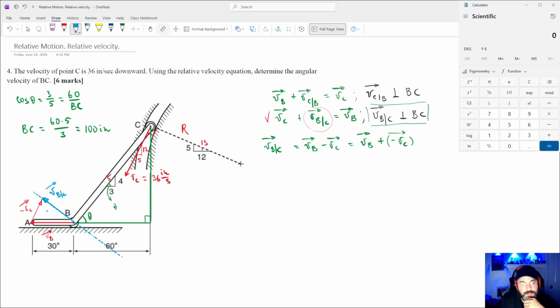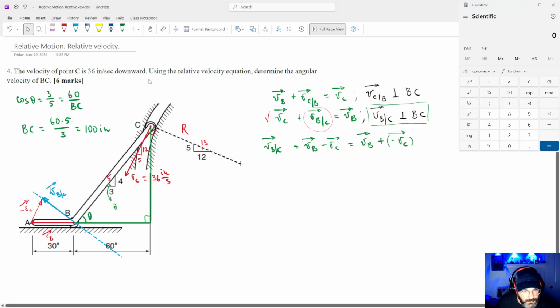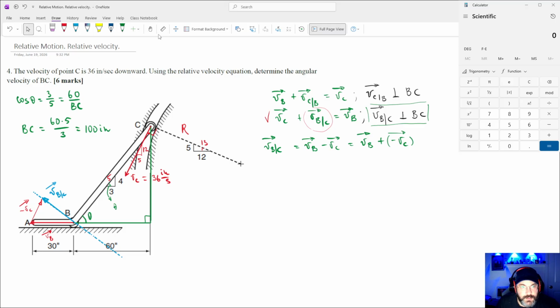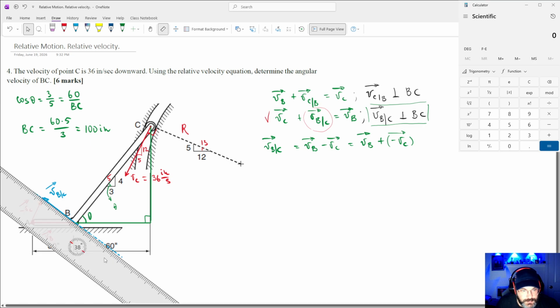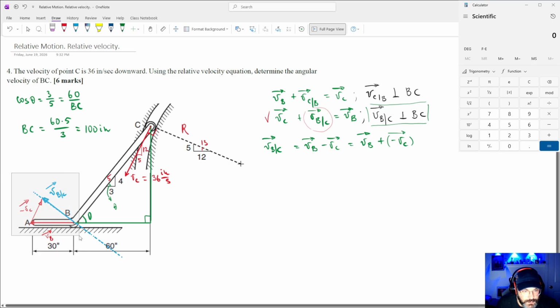So we have the triangle. Now we just need to define all the angles, right? Okay, so let's redraw it on a larger scale. Let's see if we can select it somehow.